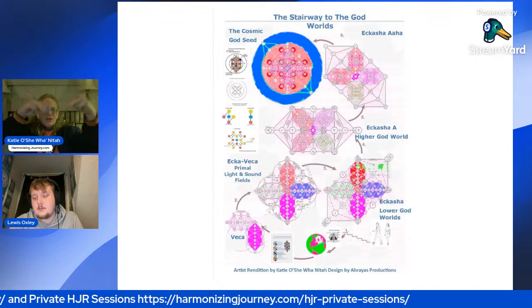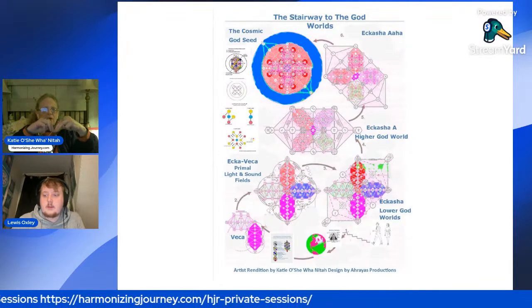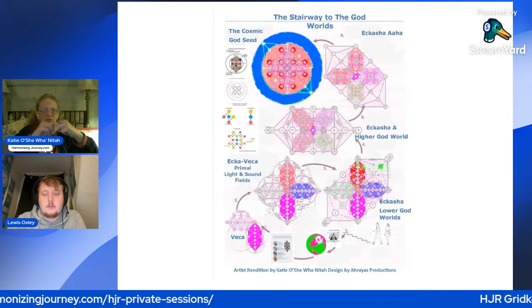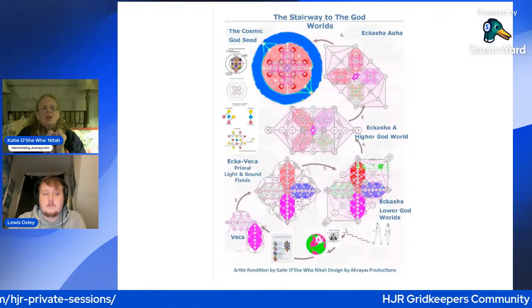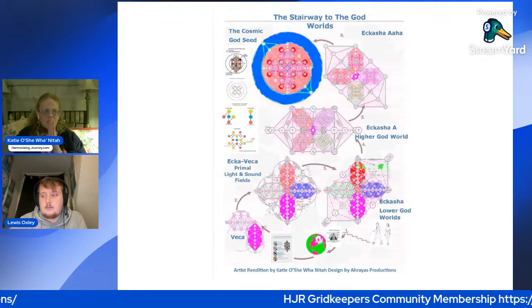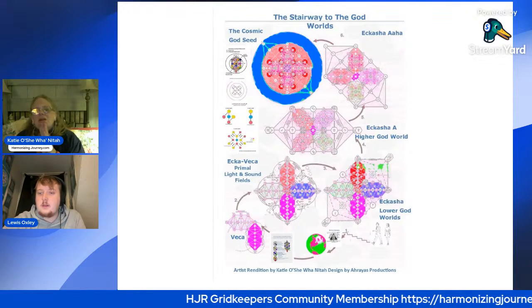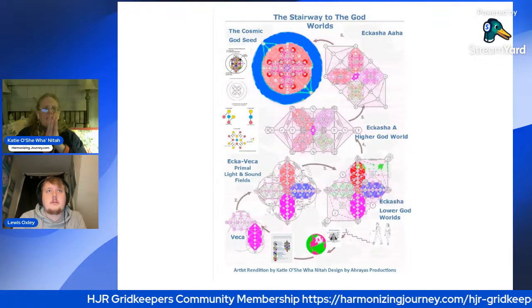Everything always goes into the center, into the Manu point, 13th pillar of creation, which goes deep into the core, eternal core of our being of Aya. And then we manifest out as Aya.